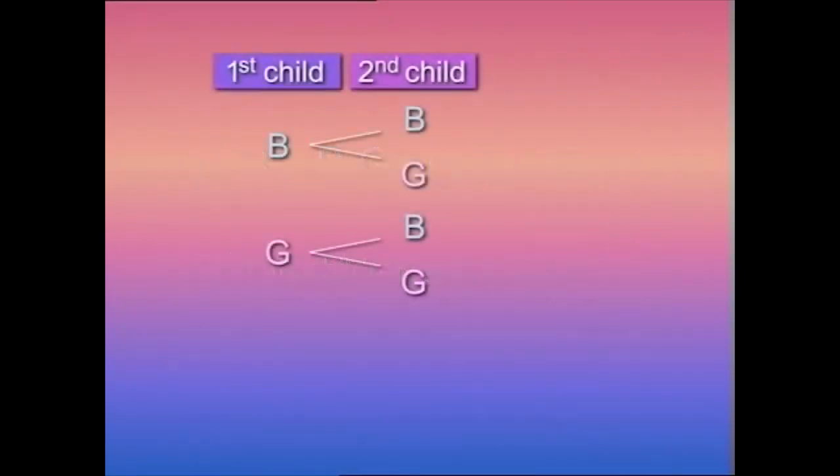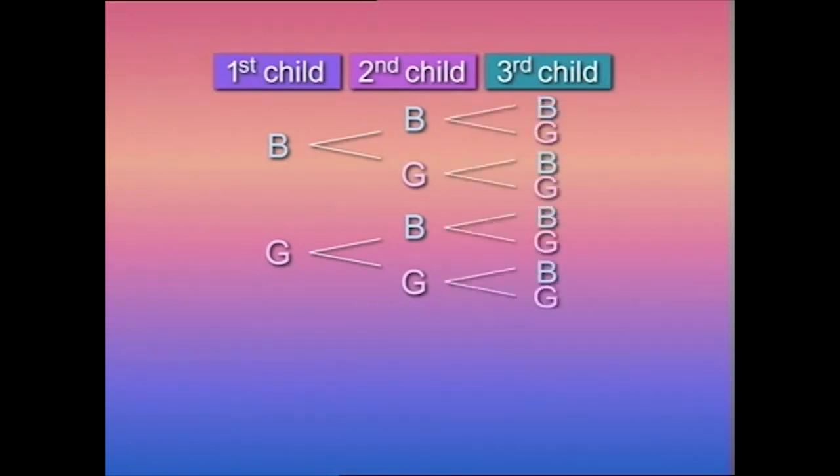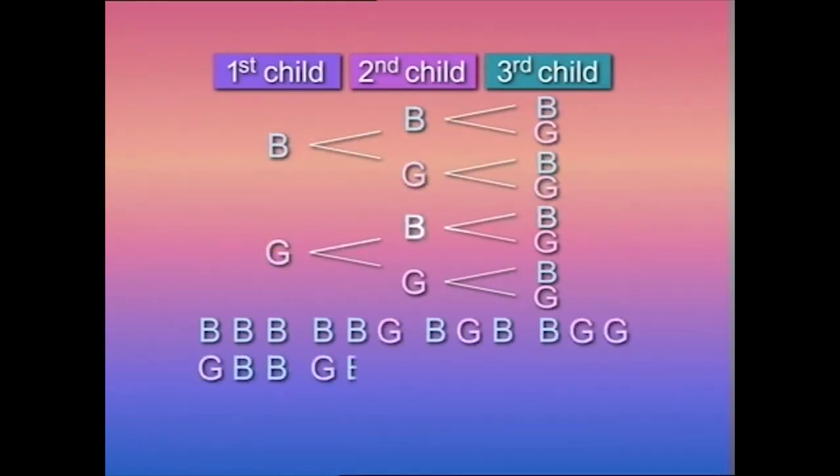If the parents then decide to go on and have a 3rd child, then no matter which combination the first 2 is, the 3rd child could either be a boy or a girl. Just like before, if we make a list of all the possible combinations, we obtain these 8 combinations. We can see there is only one combination involving 3 boys.